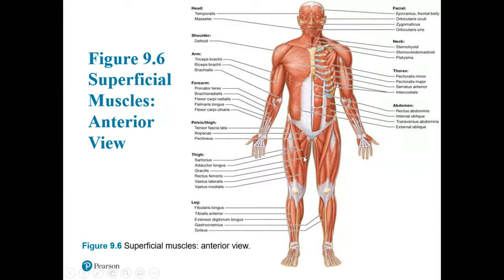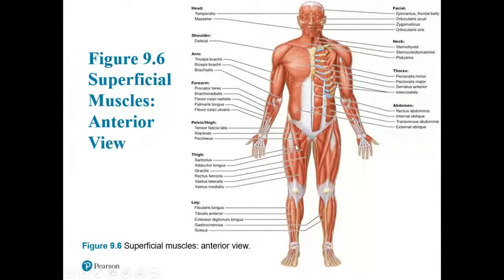You have gracilis, and those two, along with the pectineus, are going to work together in adducting that leg. All right, so again, notice the difference between abduction, ABD, and adducting, ADD. Different actions.